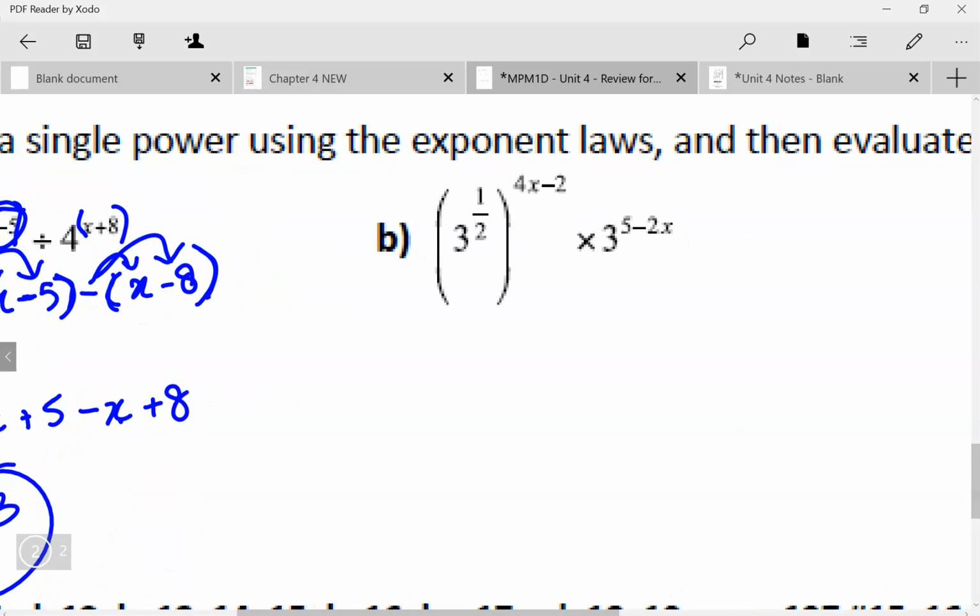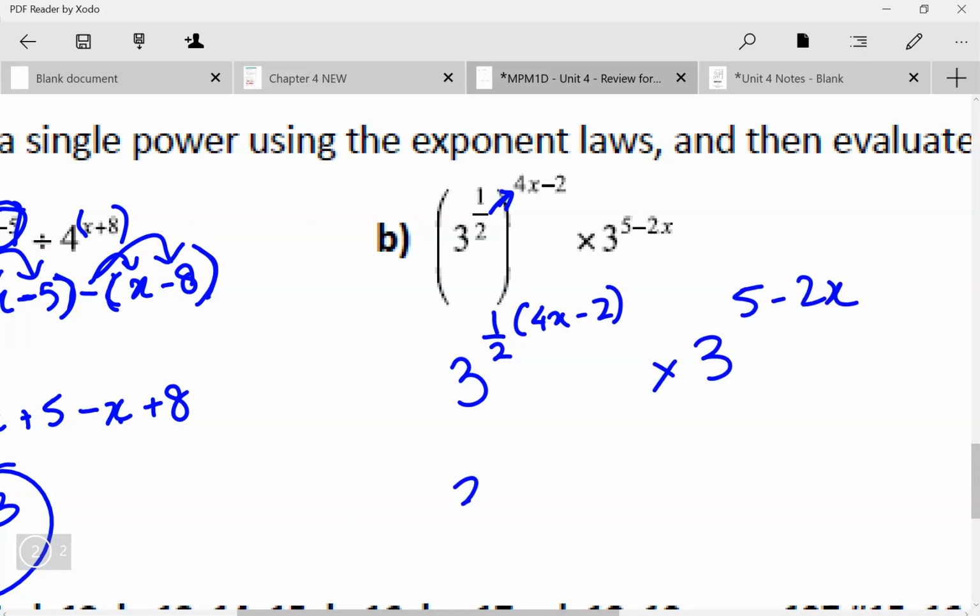Ooh, this looks fancy. Again, first thing I'm going to do is this power of a power law, which means I multiply. So I do half multiplied by 4x minus 2. Hopefully we can see that half multiplied by 4x minus 2 is the same as 4x minus 2 divided by 2.